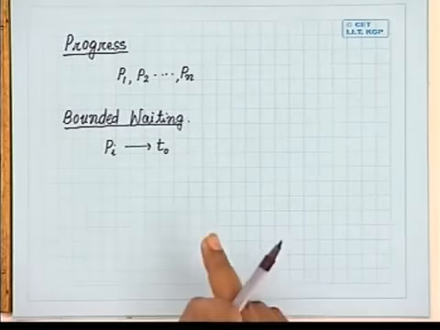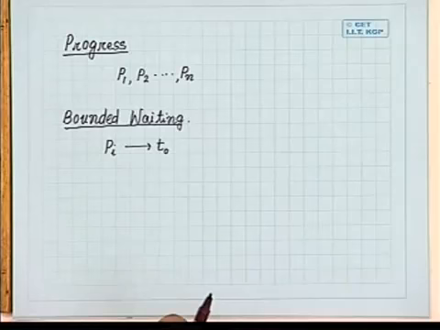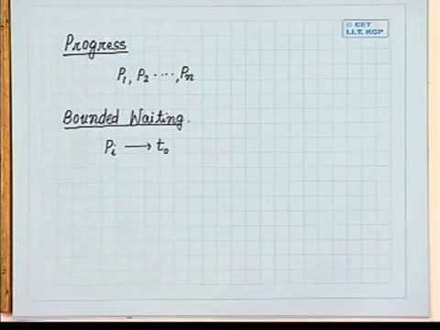So after the process which is executing in the critical section comes out, then only Pi can be considered for possible entry into the critical section. But even then, I'm not sure whether Pi can enter or not, because there may be other processes waiting in the queue who also want to enter the critical section.